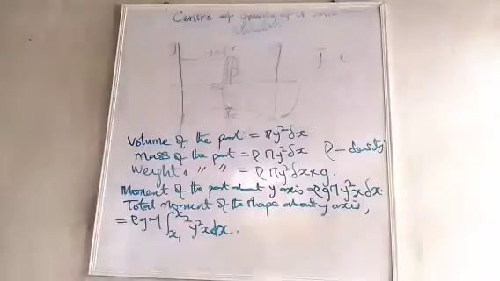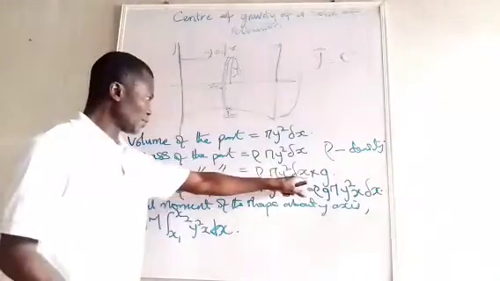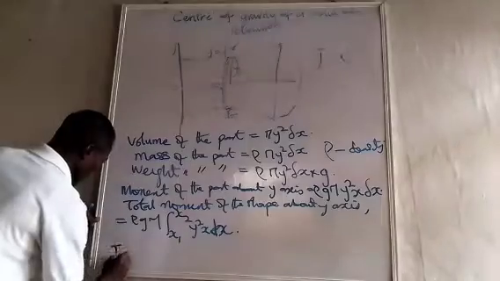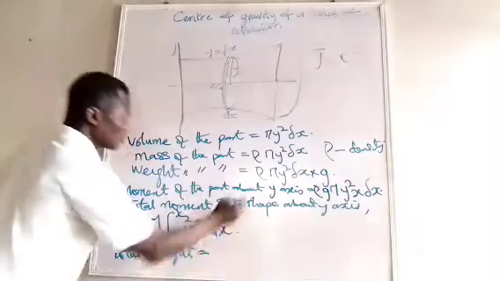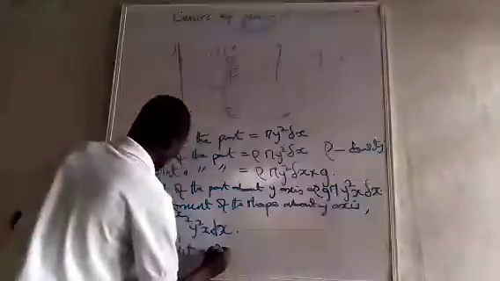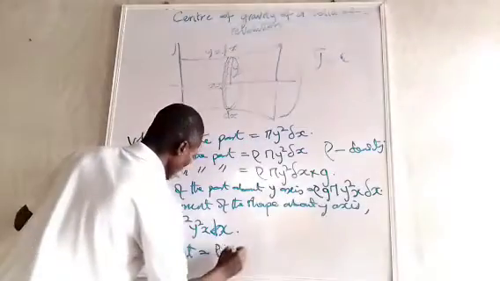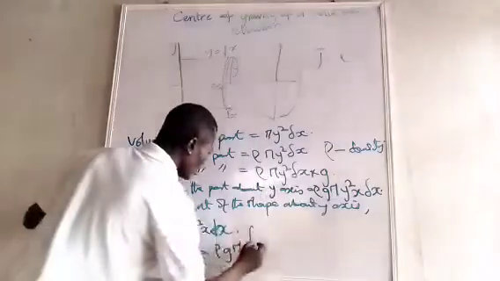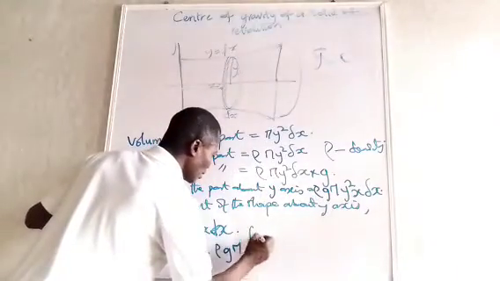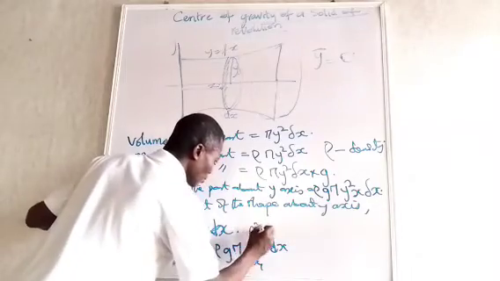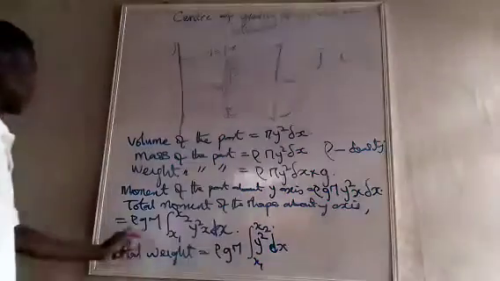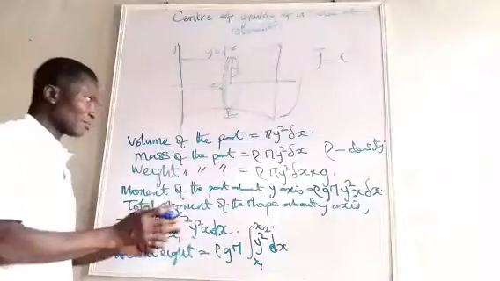Now we have gotten the weight before. So the total weight will be equal to rho g pi, integral of y squared dx from x1 to x2. So you can see it has been made simple now.